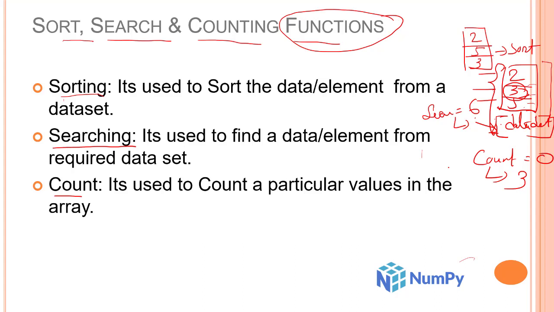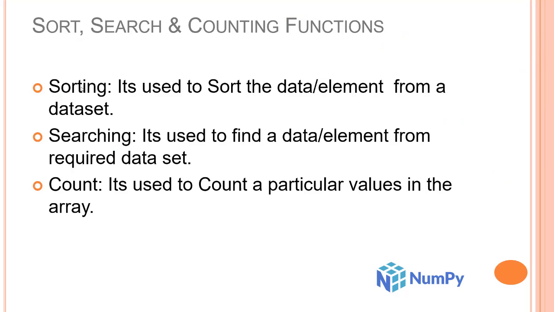There are different methods in each and every one. We'll start with the sorting methods. As the basic sorting method, we use numpy.sort. This is the basic one for normal sorting.